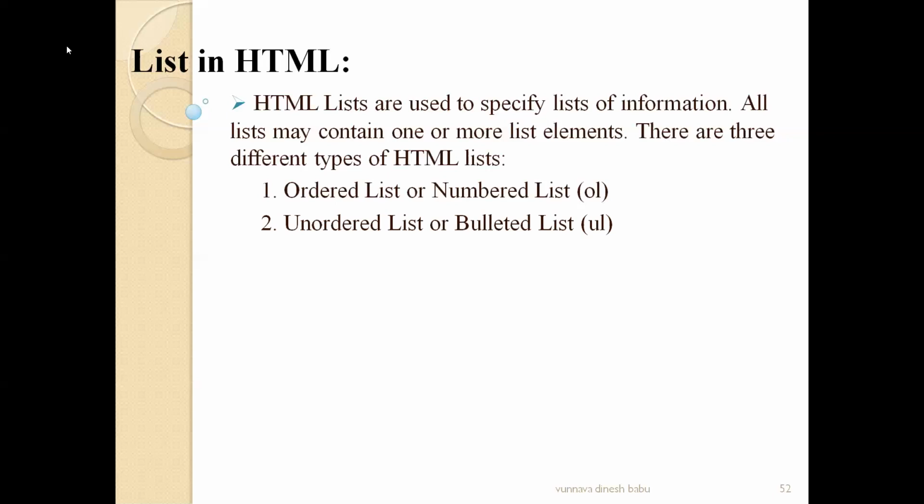So there will be no numbers or characters or Roman numbers in an order. For each and every element inside a list, there will be one bullet. We can use different types of bullets. I will show it in the programs.